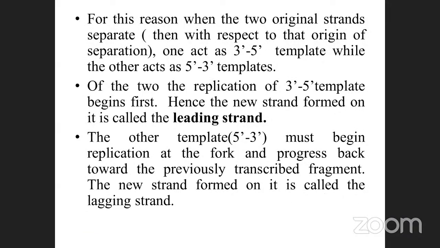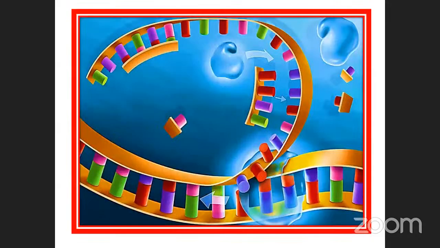I already mentioned what my leading strand is, what my lagging strand is, and how it will be formed. See the entire structure. This is called the RNA primer, followed by the lagging strand. This continuously forming strand is called the leading strand. These are the structures.